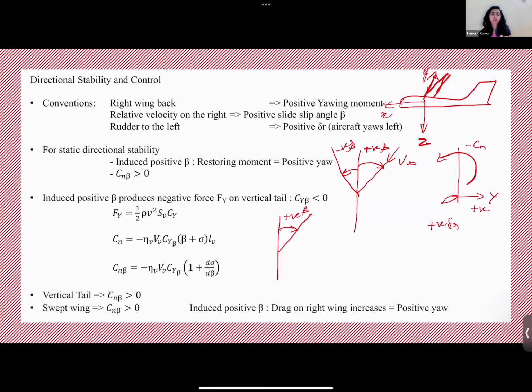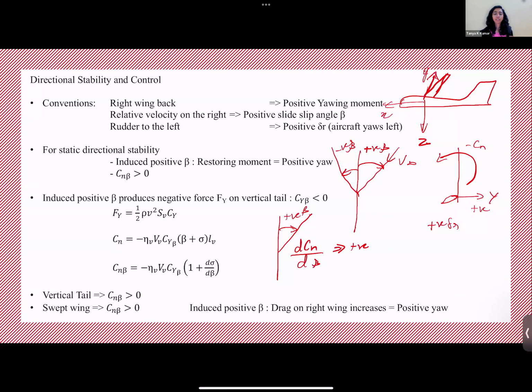So for that, you need to yaw your aircraft towards the beta, right? So for a positive beta, what should your yawing moment, restoring moment be? Positive, right? So dCn by d beta should be positive.